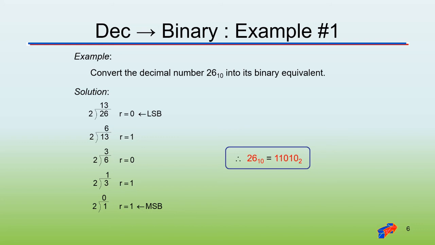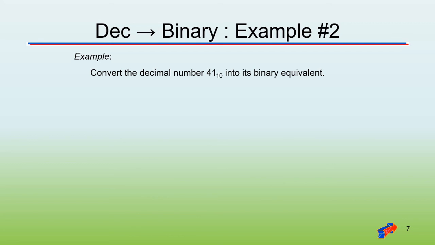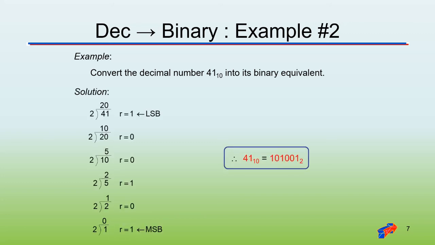Now we are going with another example. 41. We are converting the number 41 to binary. The same process. First of all, we divide 41, the dividend, by the divisor 2. We will get 20 as quotient and 1 as remainder. Again, the previous quotient is divided by the divisor 2.